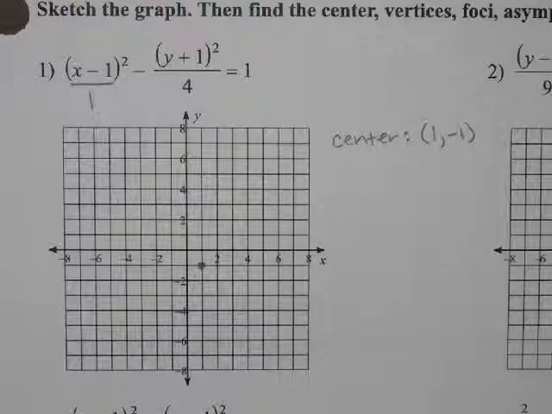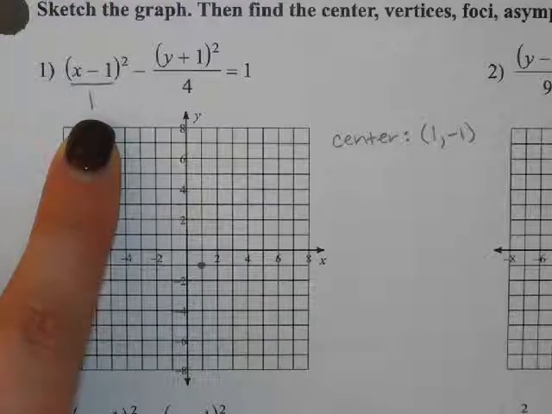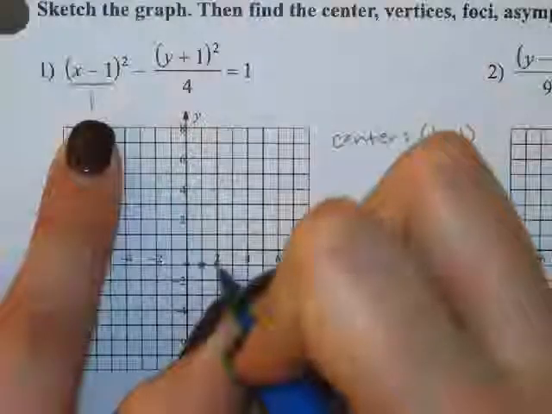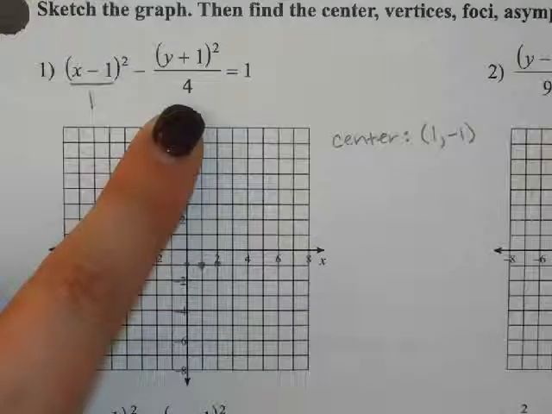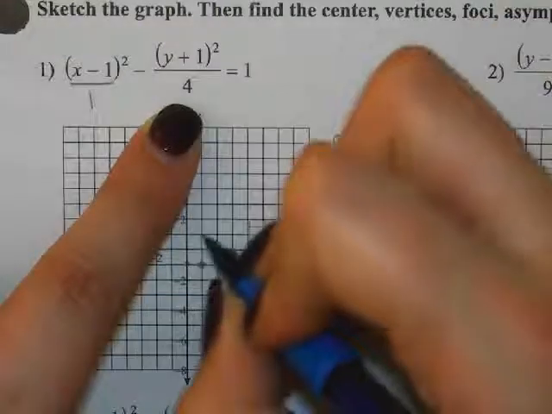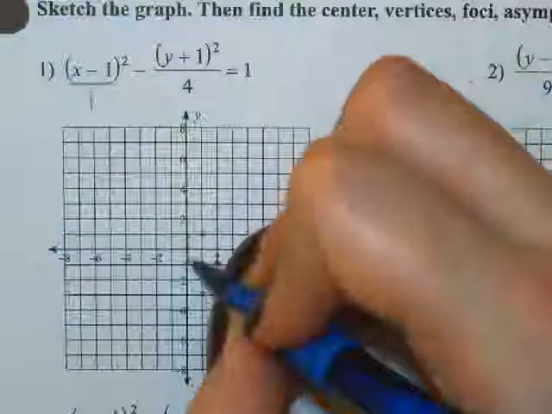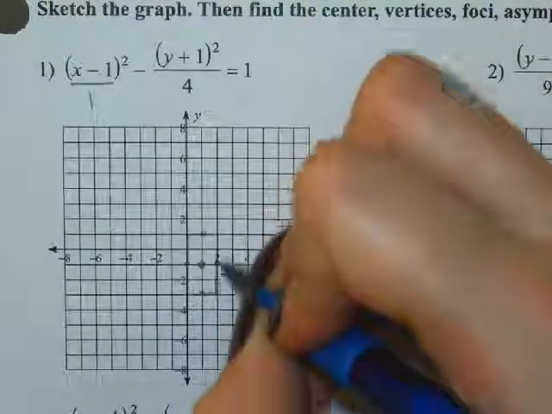Yeah, we draw a box first. So how far left and right should I go? 1. The square root of 1 is 1, so I'm going to go left 1 and right 1. And then how far up and down should I go? 2, right? So we're square rooting it. So up 2, down 2, and then from there we draw the box or the rectangle.